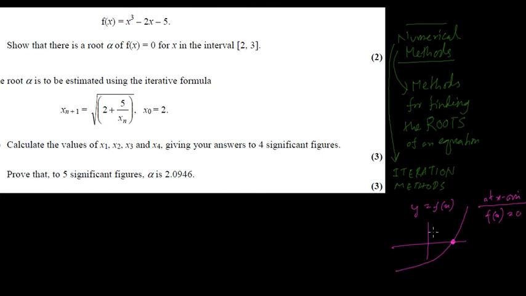Now suppose the root is between a and b, so suppose the interval is a and b. To show that the root lies between a and b, it is expressed as (a, b). This does not refer to a point, as we know in coordinate geometry, in the Cartesian coordinate system, where this means the x coordinate and this means the y coordinate.